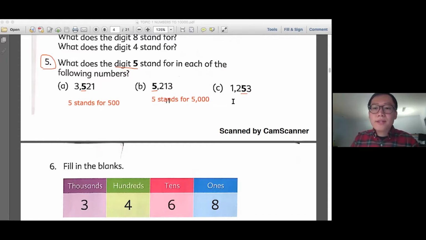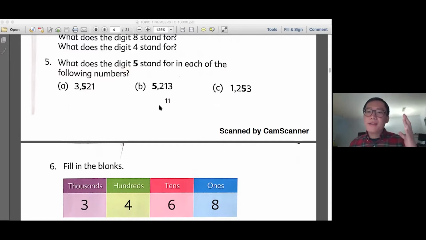So for part C, 5 stands for 50. So do not answer and say 5 stands for hundreds or thousands or tens. Say their respective values.